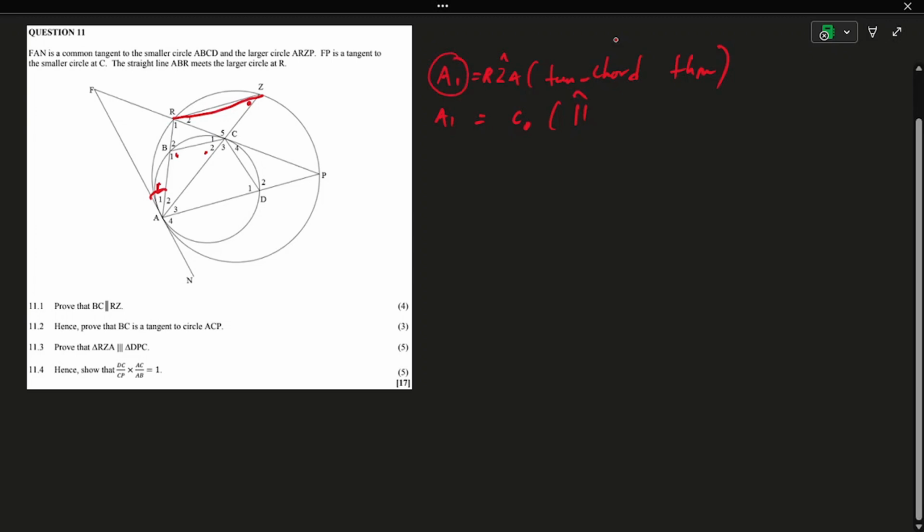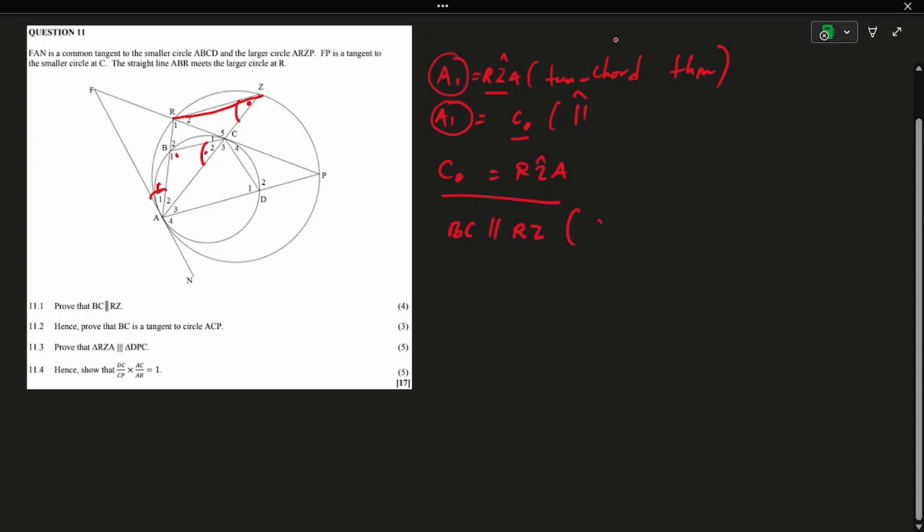So if A1 is equal to RZA and A1 is also equal to C2, this must mean that C2 is equal to RZA, right? So we proved that C2 is equal to this angle. Therefore, we can conclude that BC is parallel to RZ because of what?